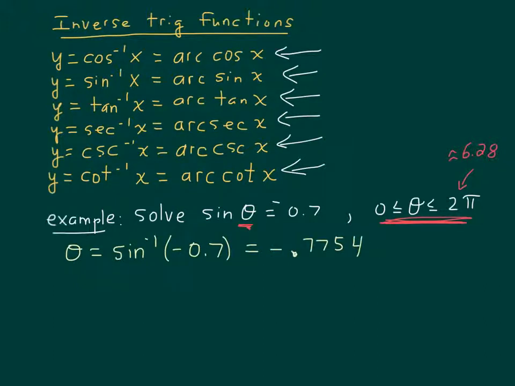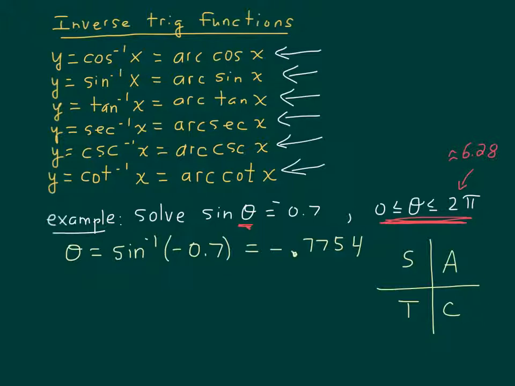So notice we get negative 0.7754. Typically during the middle of a problem you want to go out 4 or 5 digits after the decimal. At the very end we'll round, we'll take it out to 3 places. That's generally what AP asks for. So that's one solution. Now we have to go back to our ASTC, which tells us where the trig functions are positive in the 4 quadrants.